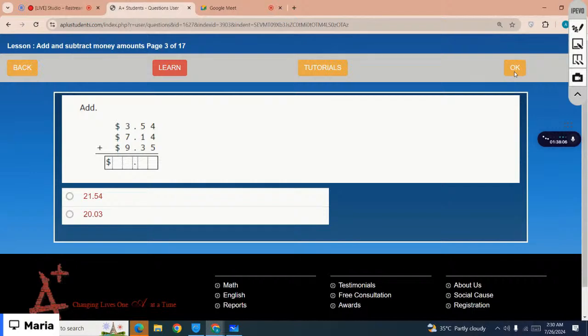Very good. That's option number two. 20.03 is the correct option.